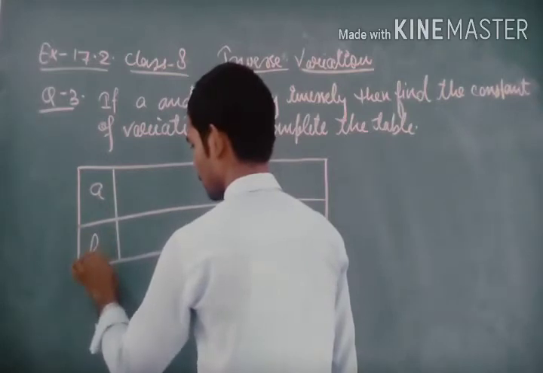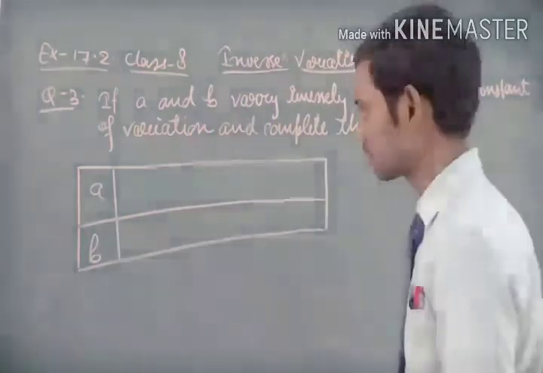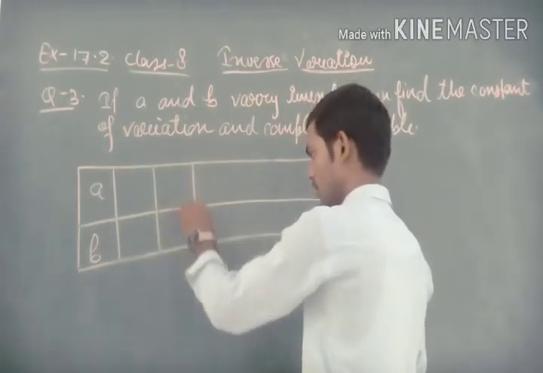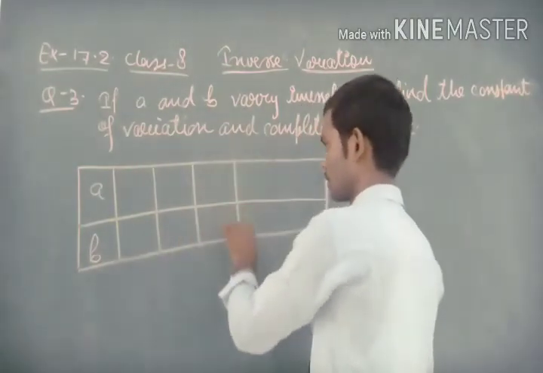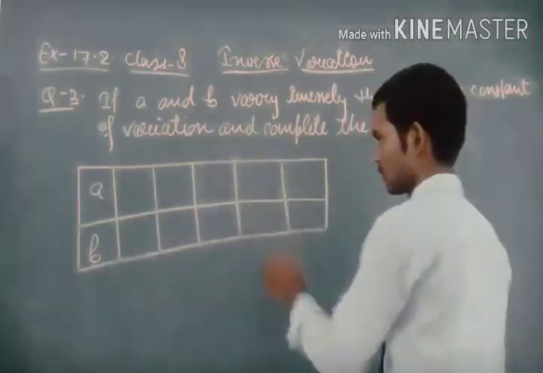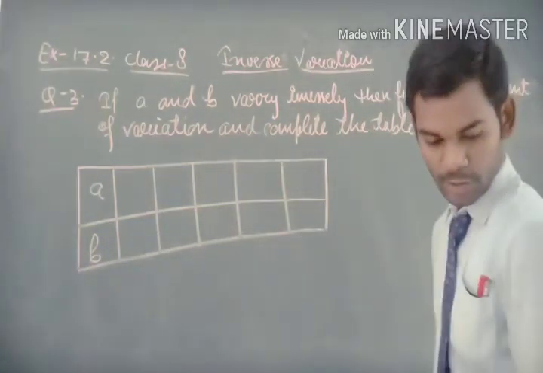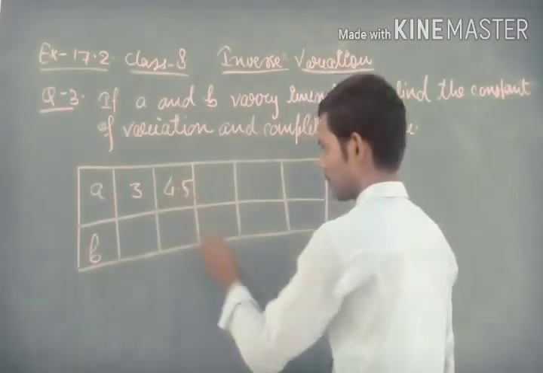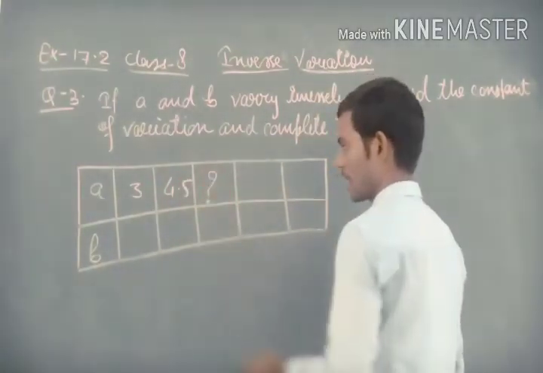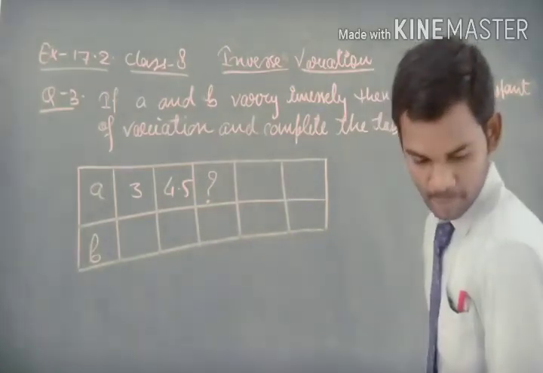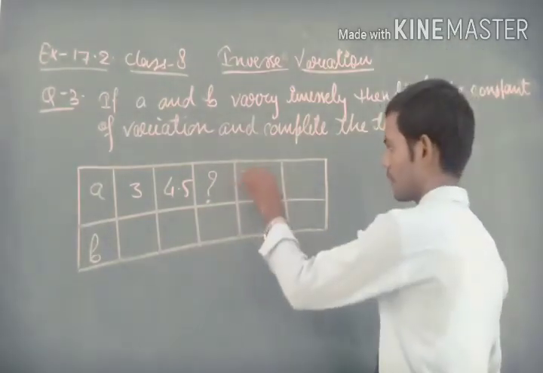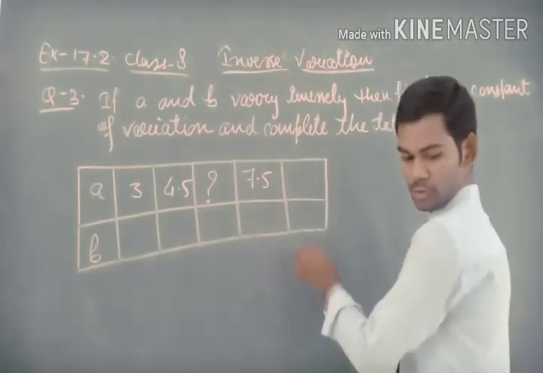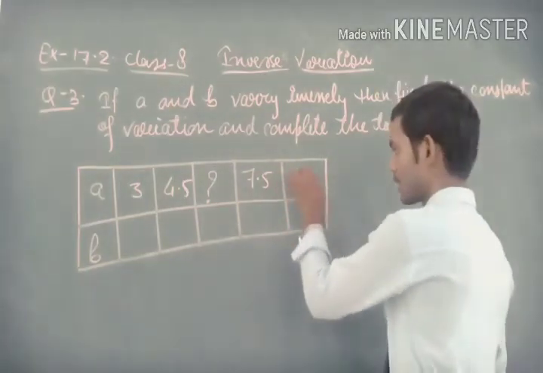A and B, and various values for A and B are listed here. They are 3, 4.5, which we have to find, 7.5, which is also unknown, and 10.